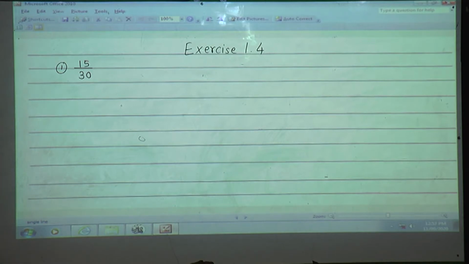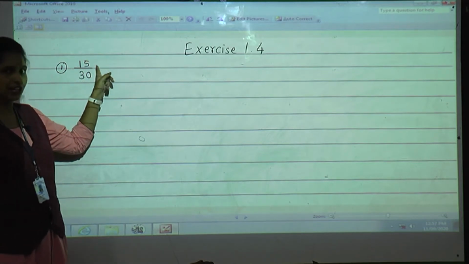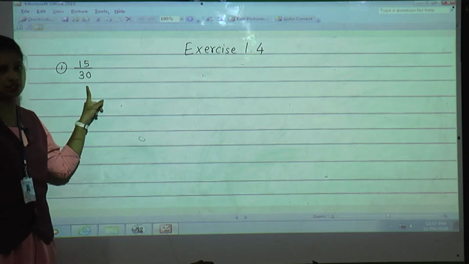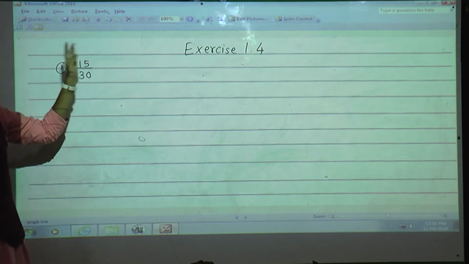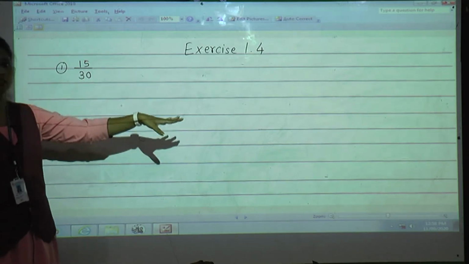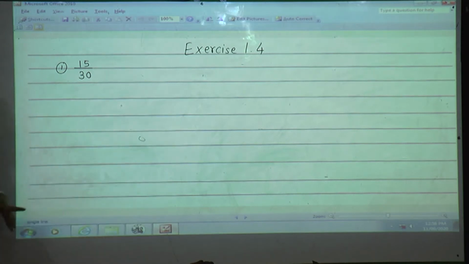To simplify the fractions we need to divide the numerator and denominator by their HCF. Now to find out the HCF we need to know the factors of 15 and the factors of 30 and the common factors, then HCF whatever will come.